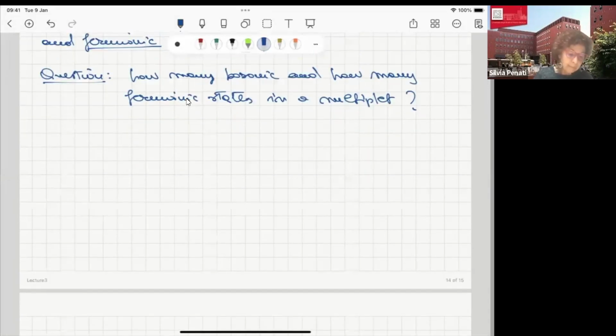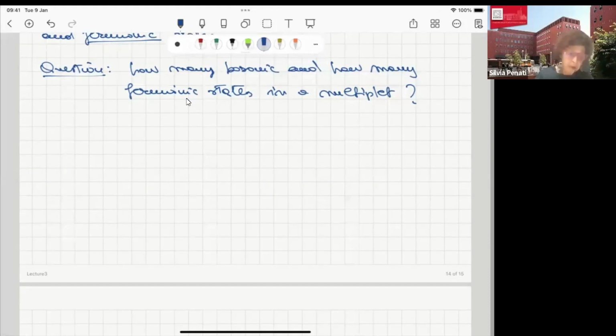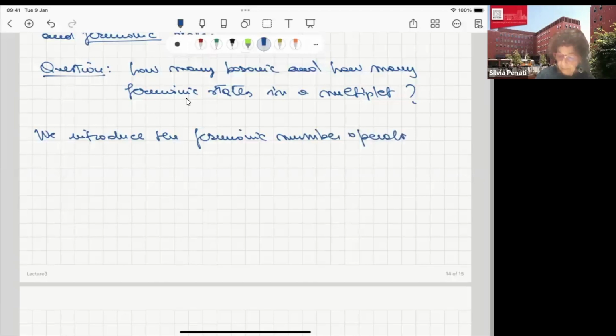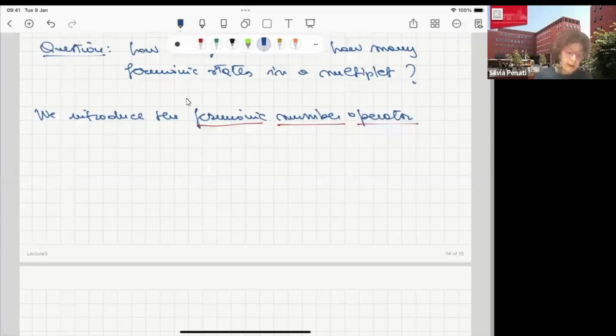How do I proceed? In order to answer this question, we introduce the fermionic number operator, which is defined in this way.